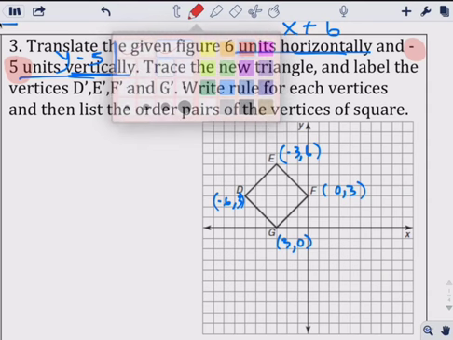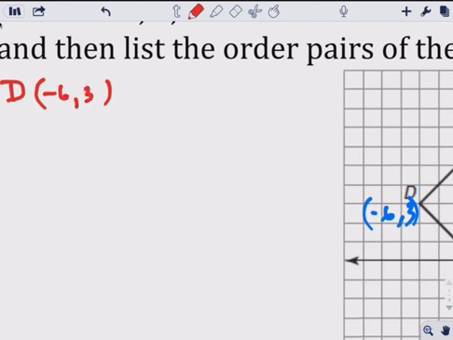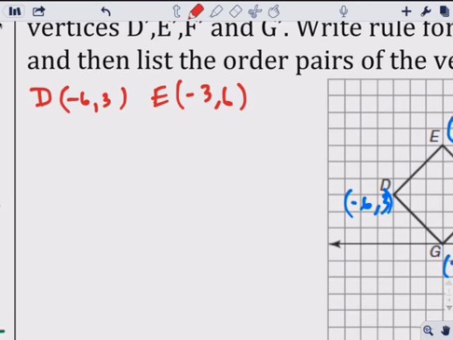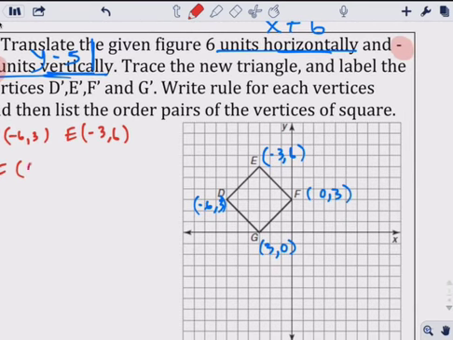Okay, the rules are, D is -6, 3. E is -3, 6. F is 0, 3. G is 3, 0.